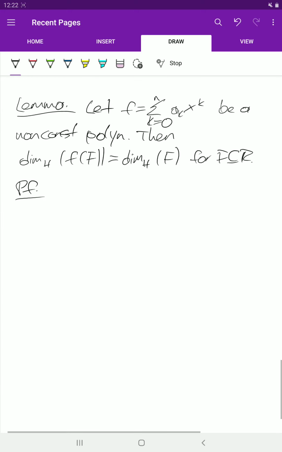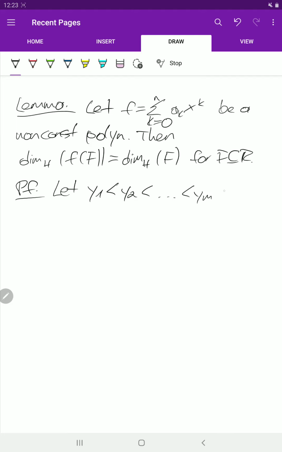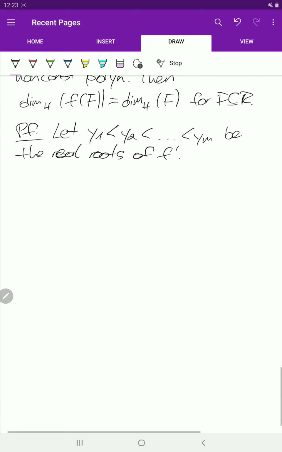So let's see how to prove it. So let's take the zeros of the derivative of f. We take the real roots of f prime, and now let's see what this gives us.